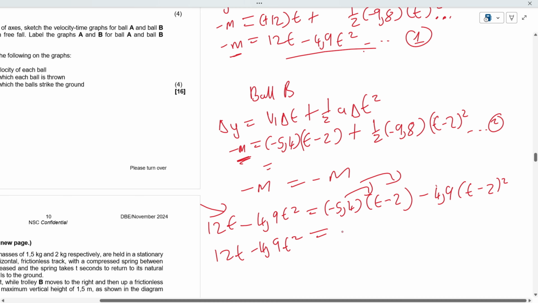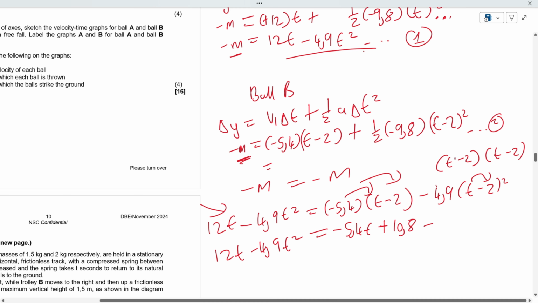So it's going to be negative 5.4 t, and then 5.4 times 2, and then plus, negative times negative is positive 10.8. Then comes the minus, and this one is the one where we have to multiply this by this: t minus 2 and then t minus 2.